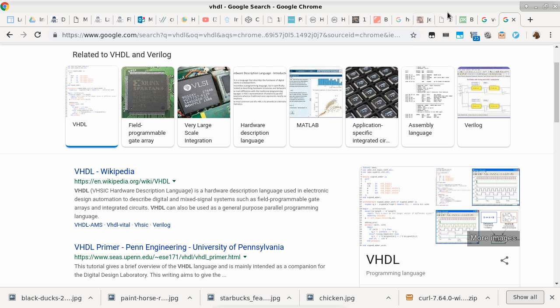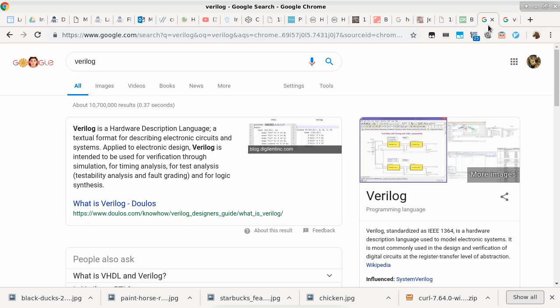Those two are basically the most standardized languages out there, with Verilog leading by a long way. When you look at the syntax of Verilog, you would not be surprised. It looks just like C and C++. It's got loops, conditional statements, arrays and stuff like that.